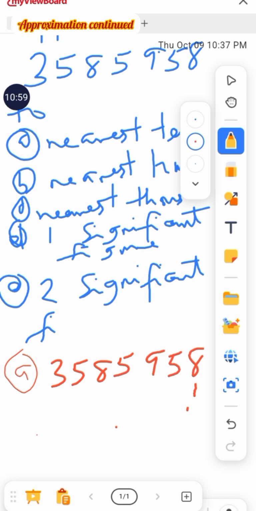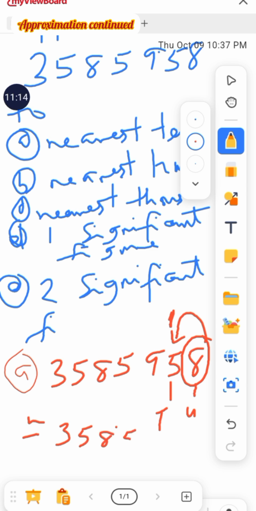So this is my units and this is my tens. So 8 on top of 5, it will add 1 because it's in the second category. So this 8 will vanish to 0. So my answer is 35859, 5 plus 1, that's 6, 0. And that answers nearest tens.